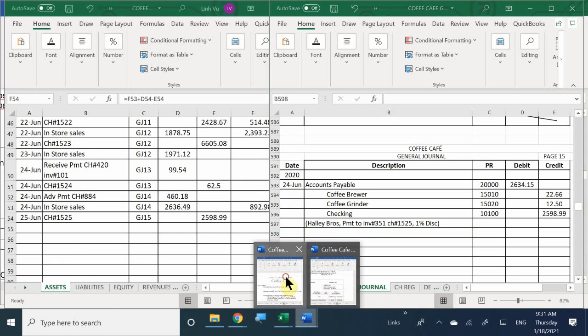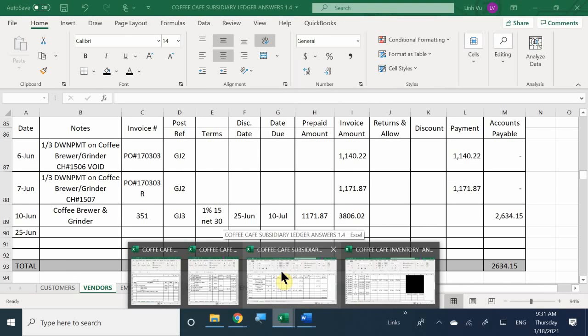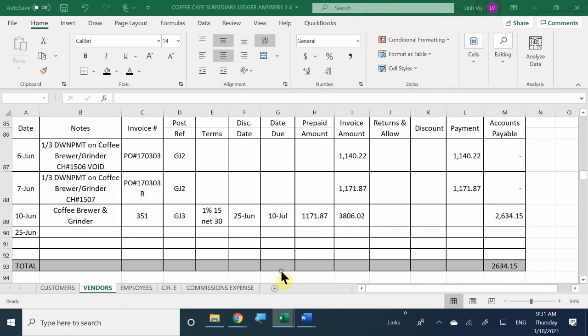Now we can go ahead and continue on. Oh, actually, no, we're not done yet. What else do we have to go? Subsidiary ledger, right? We got to make sure that we have fulfilled, that we made a payment. So check number 1525, this is for invoice 351, general journal number 15. We made a payment.